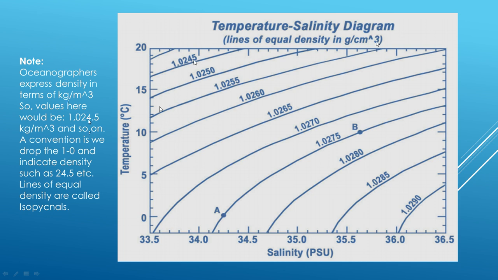But a convention we use is that we don't report the 1 and the 0. So we'll just say 24.5, 26.5. That's what we do.